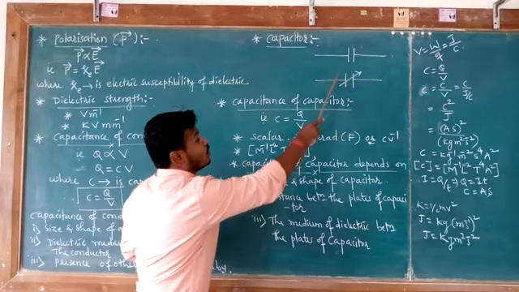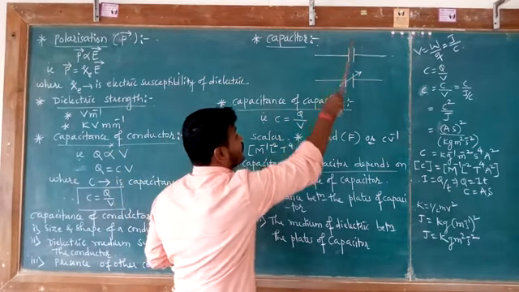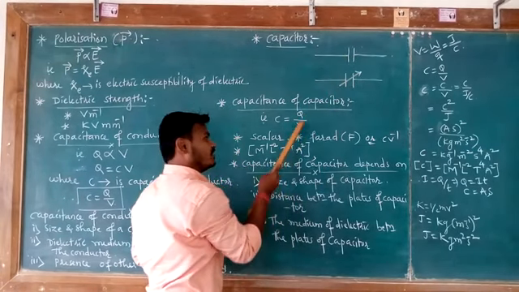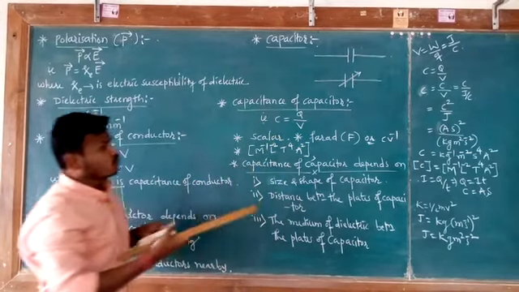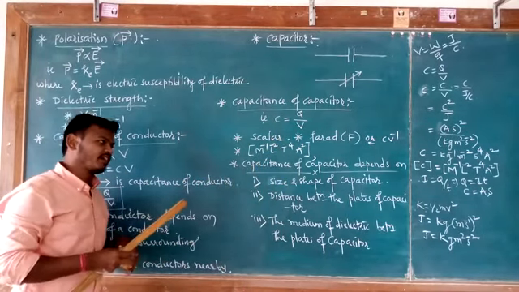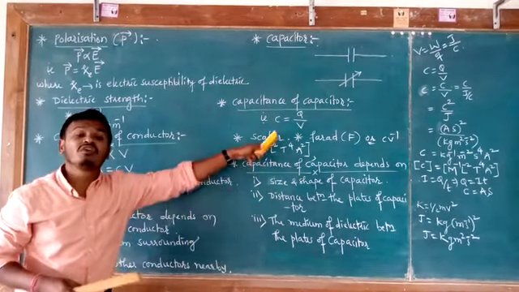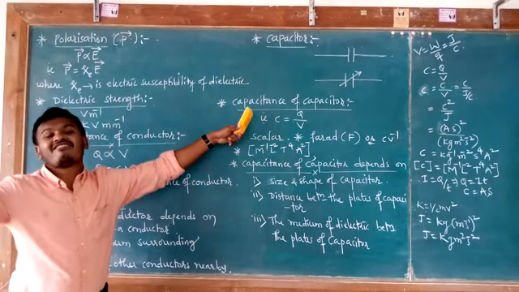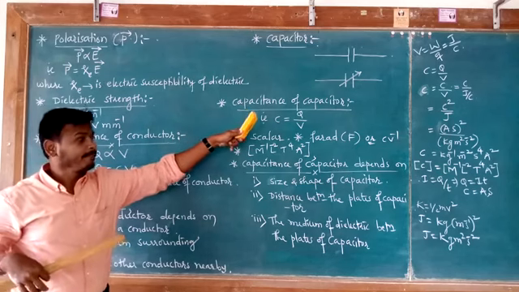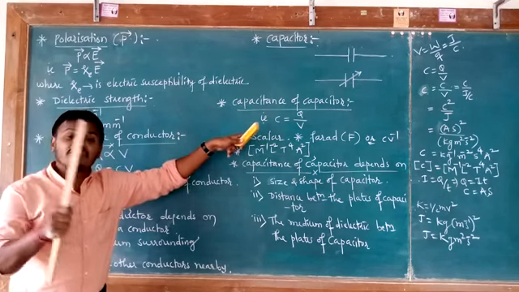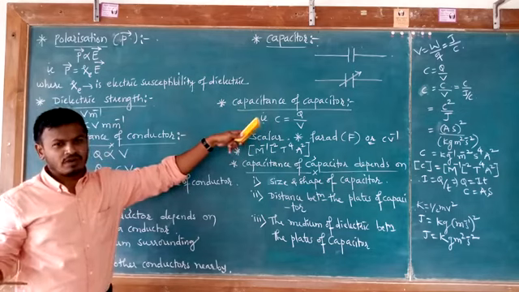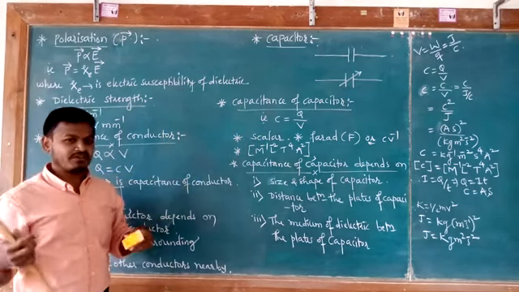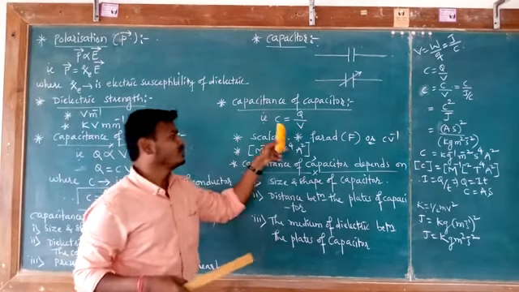C is equal to Q by V ಬರೆದೇವು. Q ಅಂದ್ರೆ charge of the capacitor, ಅಂದ್ರೆ charge on one of the conductors of capacitor. V ಅಂದ್ರೆ potential difference between the plates of capacitor, ಅಥವಾ potential difference between the conductors of capacitor. ಇಲ್ಲಿ Q by V is equal to C ಅಂತ ಬರೀತೀವಿ.